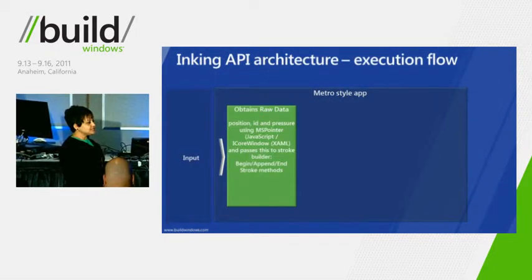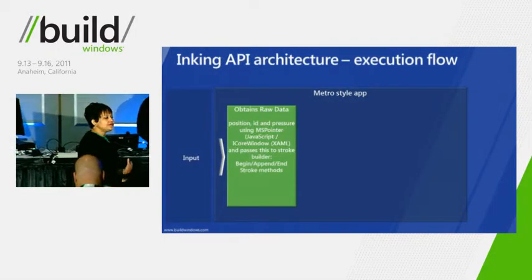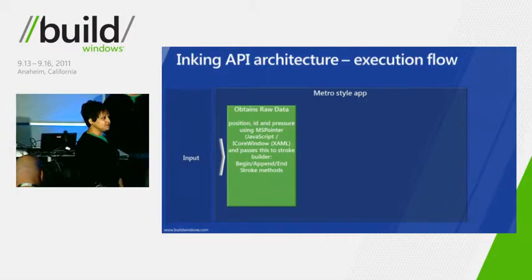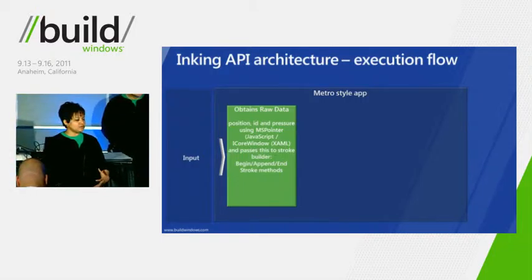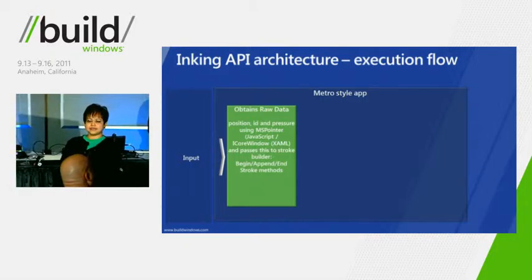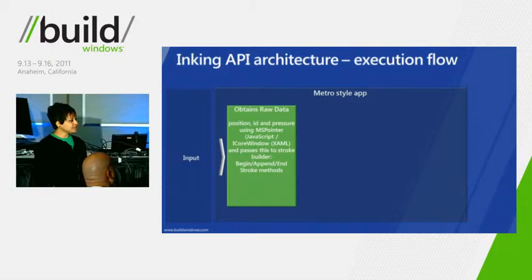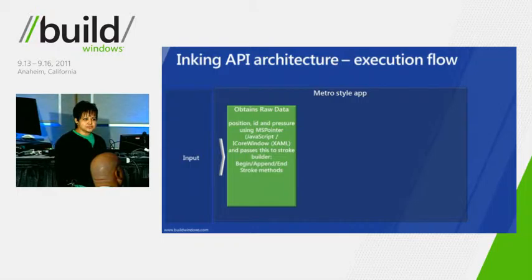Let's look at it from the real-time processing view perspective. So everything starts from the input stack. Raw data obtained: position, and if you are looking at other properties, like ID and pressure. The developer has a choice.